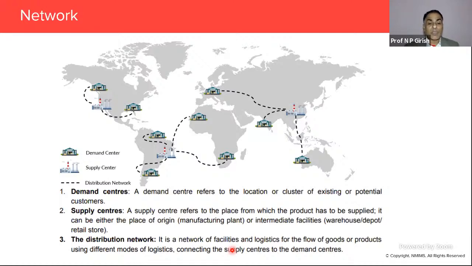It also talks about the different modes of transport. Now, the question: do the supply center and demand center only talk about finished goods? Question number one: can a demand center be a supply center as well?